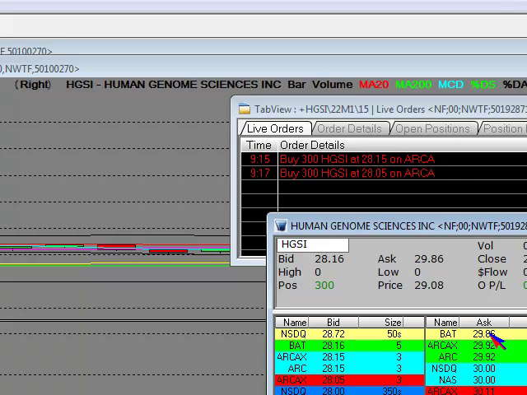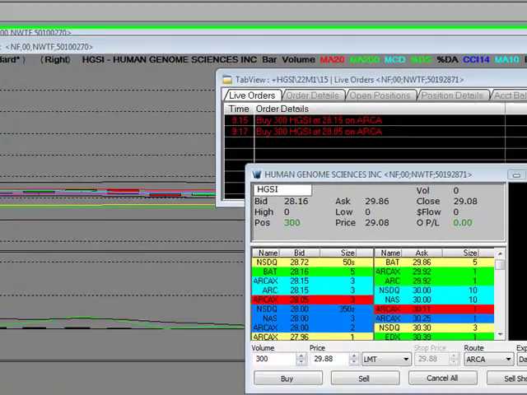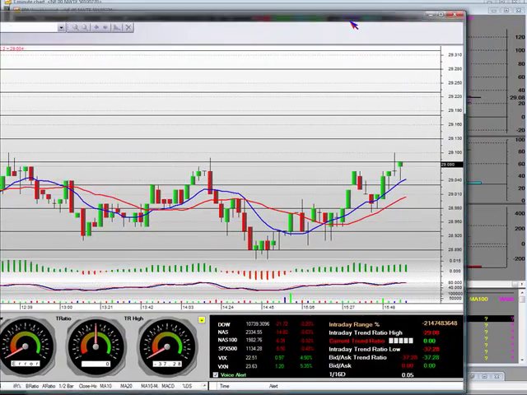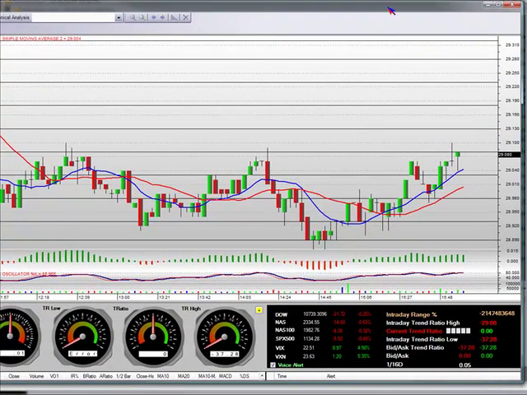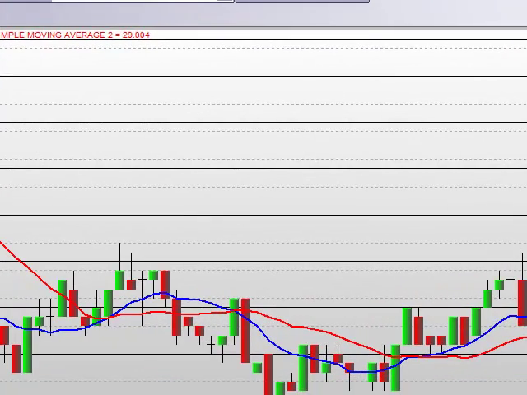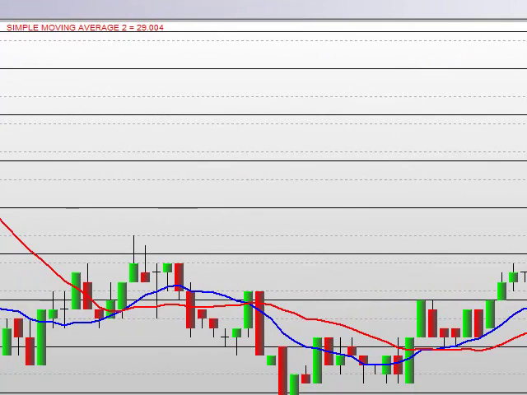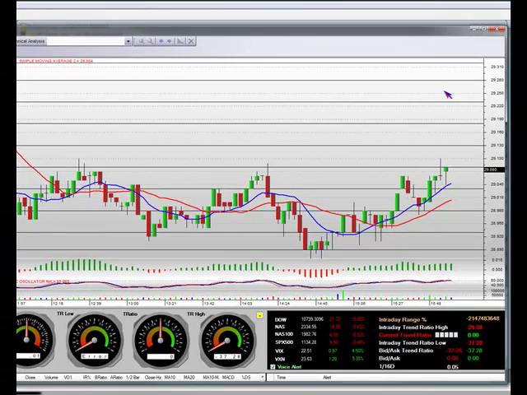When I pull up the pricing system on human genome, I will tell you here that in the chart right here we got room to go higher, because there's a lot of room to go higher. And the upper end of the market's already priced in. Brain doesn't work until the opening bell because it's a market maker platform, but here it is.